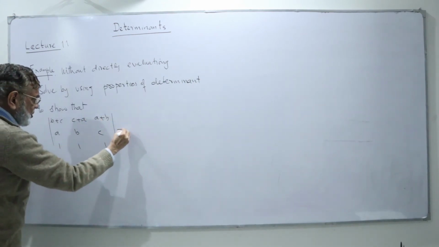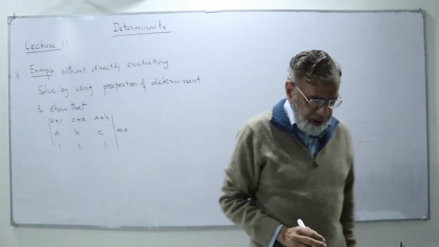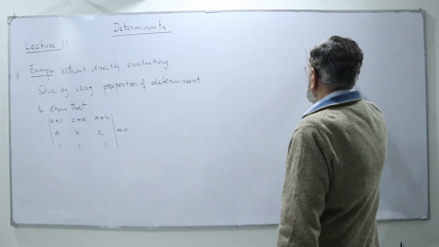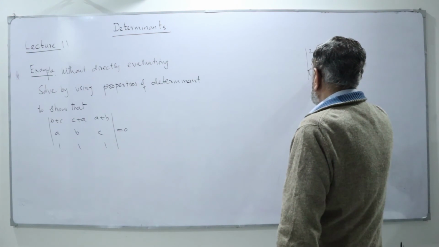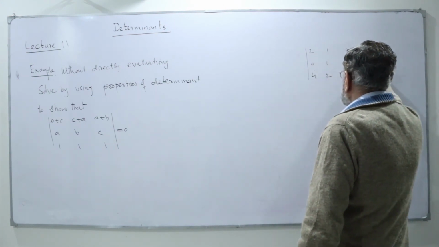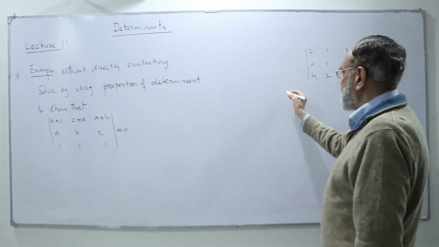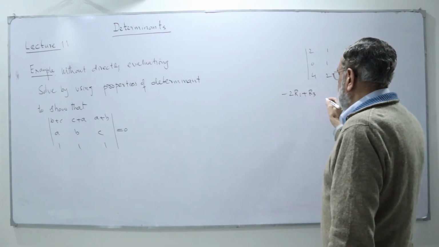So when you look at the properties of determinant, we are having this property. For example, I have the determinant here with rows 2, 1, 3; 0, 1, 2; 4, 2, 6. I say the determinant of this one is 0. Why? Because I know when I multiply the first row by minus 2 and add to the third row, what will I get?